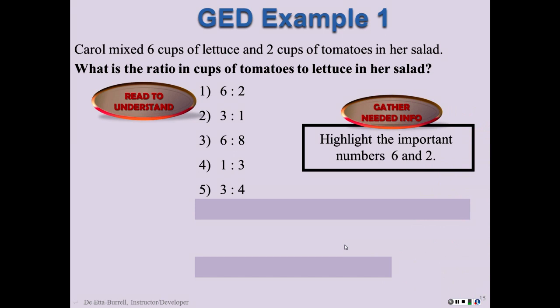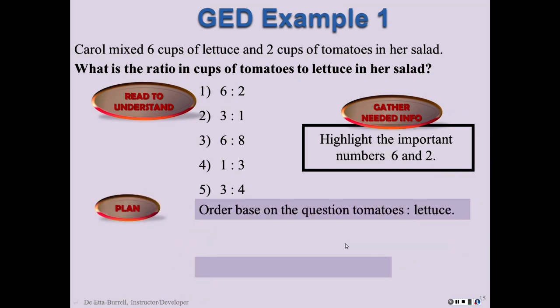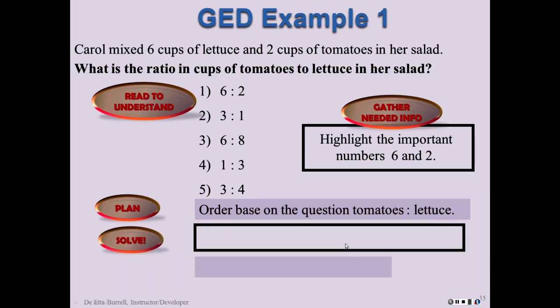You got to put those tomatoes first. So your ratio is 2 to 6. So what does that reduce to? No, it does not reduce to 3 to 1. 1 to 3. Okay? You must read your questions carefully, or you'll be picking the wrong ratio.